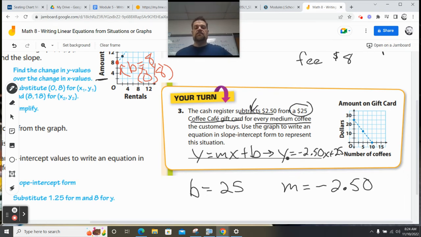The question was, could you write it like this: y equals 25 minus 2.50 times x? I think you can, but what you have to remember is the per unit rate, the charge per one, in this case a medium coffee, always has to be the number in front of the x, because x represents the total number of them.